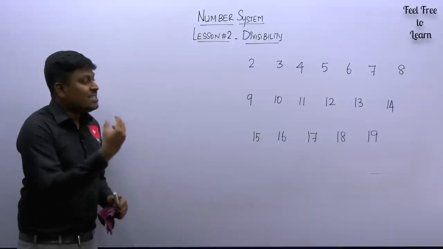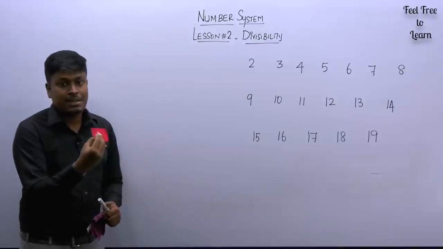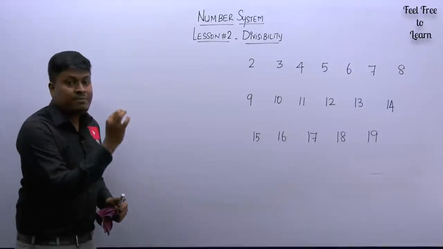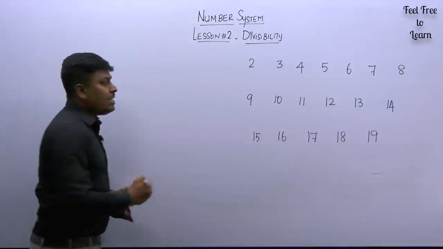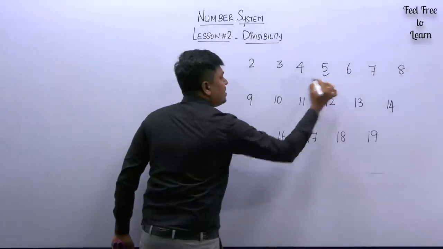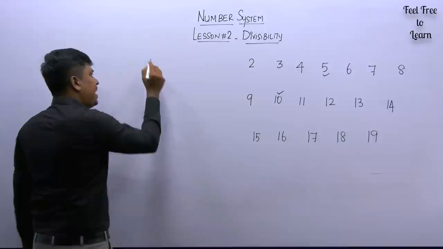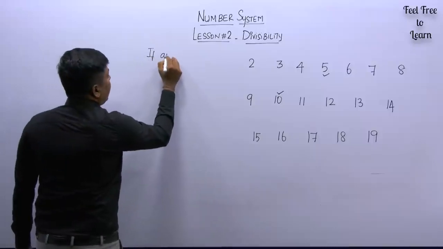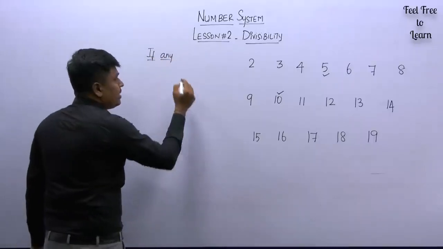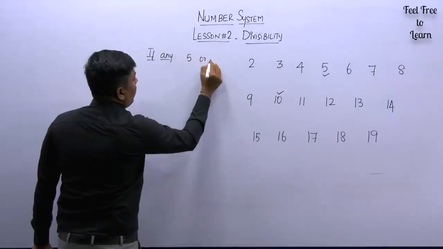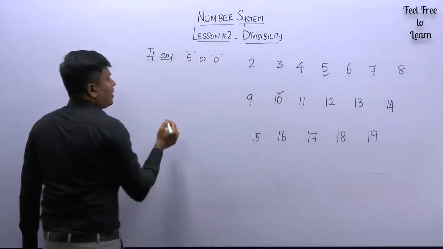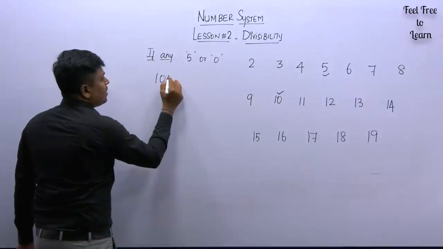So first, the numbers that are easy to learn the divisibility rule for are number 5 and number 10. These two numbers are very easy to learn, 5 and 10. Just see here, if any number ends, the last digit, is either 5 or 0. For example, let me take 105.